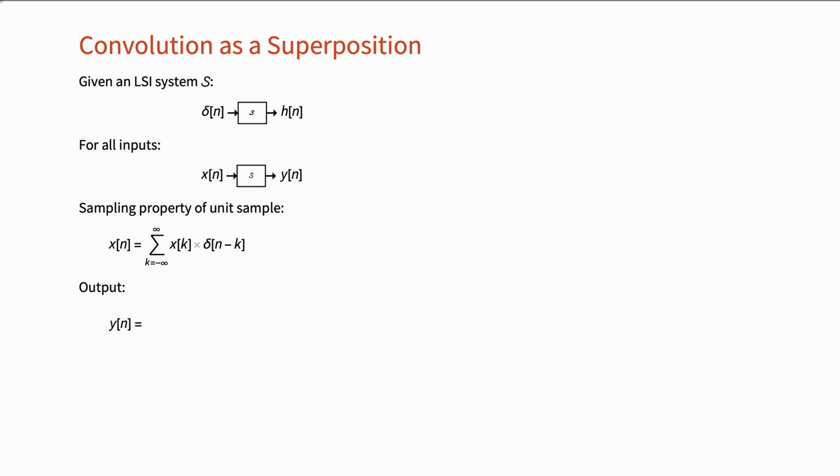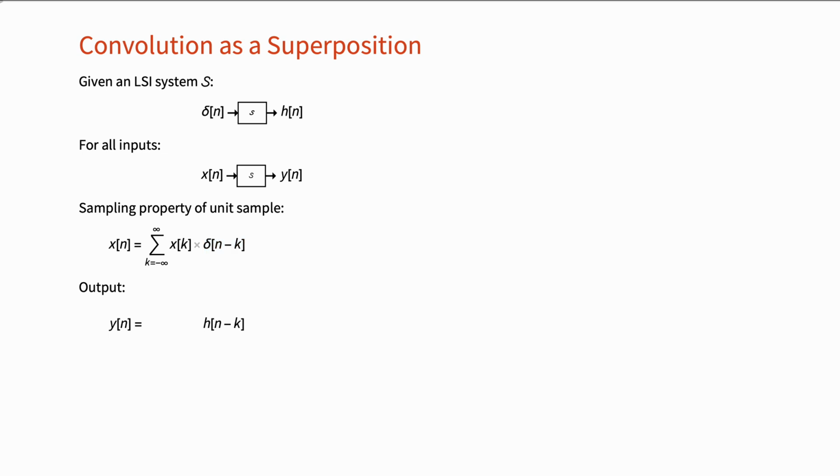This is because the system is LSI, linear and shift-invariant. Using the shift-invariant property of the system, the output of delta[n-k] will be the shifted version of the impulse response, or h[n-k].